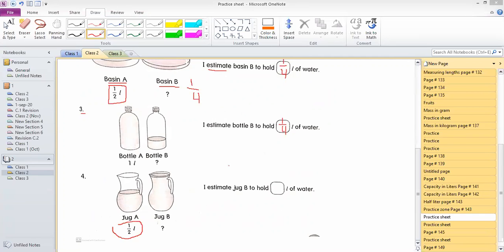Yes, sir. Can you estimate how much water is there in jug B? Yes, 1 liter. Are you sure? Okay. Why 1 liter? How can you say? How are you sure that this is 1 liter? Okay. Thank you.